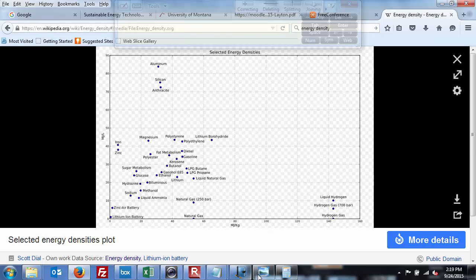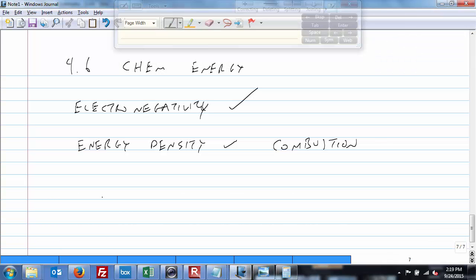A couple other things worth mentioning are the lower heating value versus the higher heating value. The lower heating value assumes that all of the energy from your combustion, if you're heating water, all of that water just leaves the system, and all of that heat leaves the system.